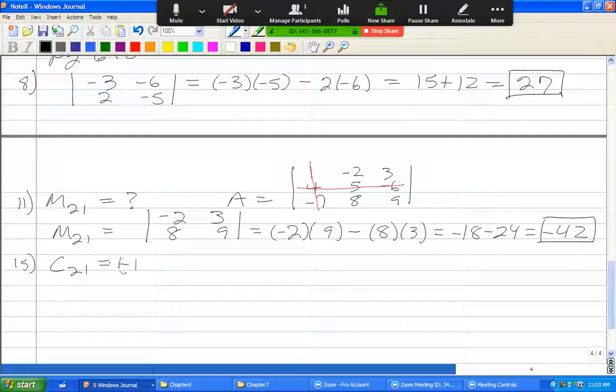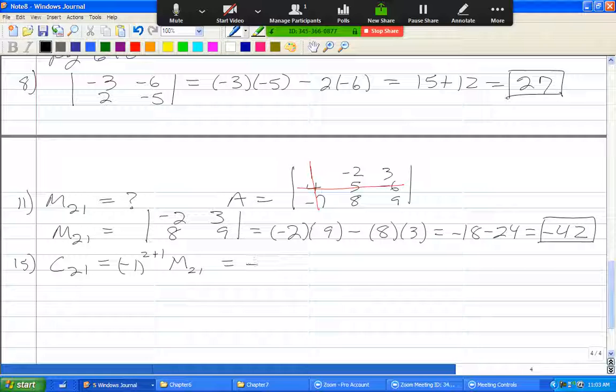One, using the fact that it's equal to this. And so C sub ij, this cofactor, is negative 1 to the i plus j times the minor M sub ij.